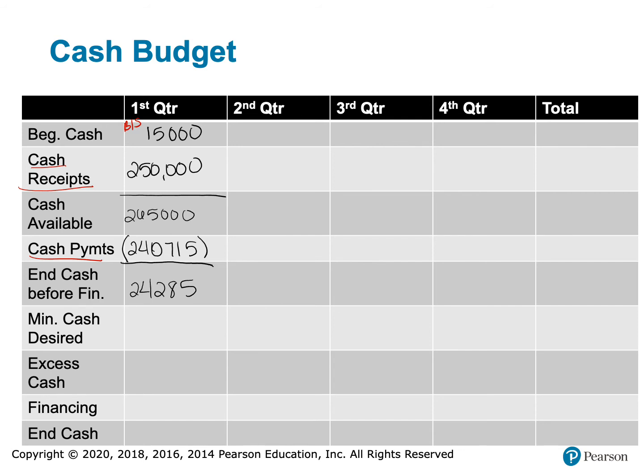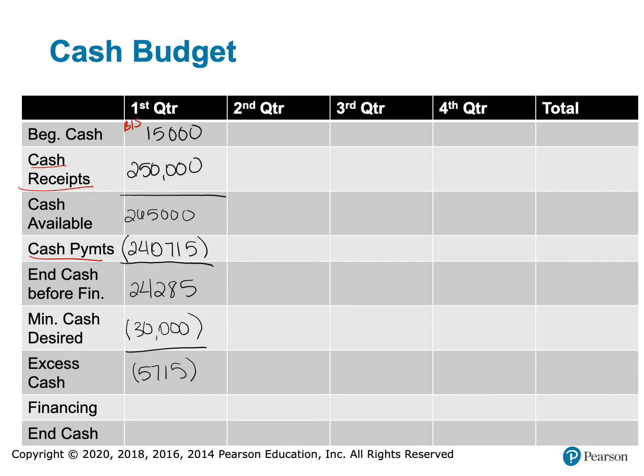So my minimum cash is 30. I'm going to treat that as a negative. I'm going to put it in parentheses here because I'm essentially saying, hey, I want to pull out $30,000 and keep to the side. Now, how much money do I have? Well, when I pull out that minimum cash balance of 30, now I have what we call a deficiency in cash, meaning it's not enough, okay? I have a negative balance of 5,715. So even though I have a positive cash balance, it's not high enough.